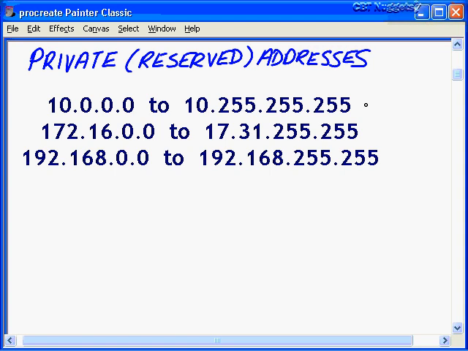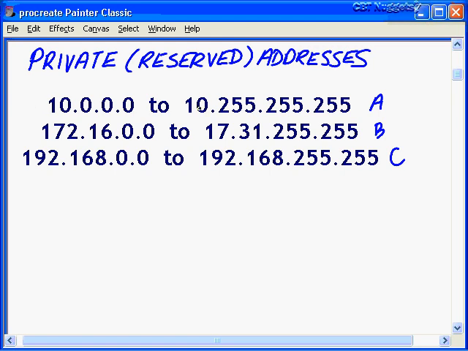We also want to have some IP addressing to use for testing purposes, for training purposes, for internal use only. So some addresses have been set aside, private reserved addresses, from each one of the ranges, Class A, Class B, and Class C.